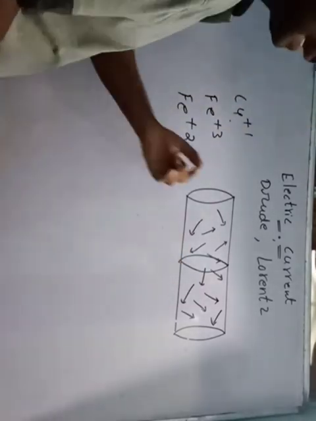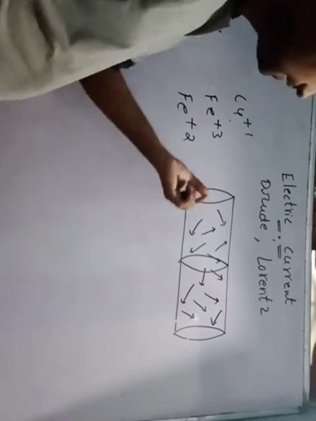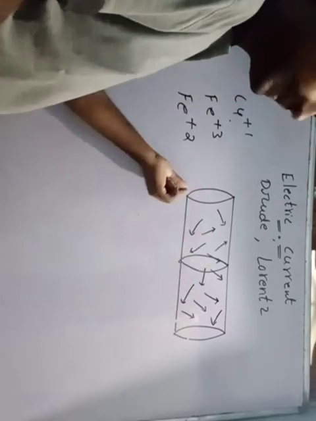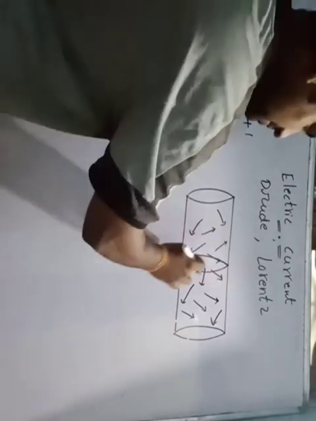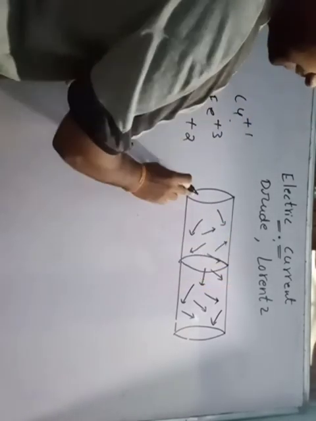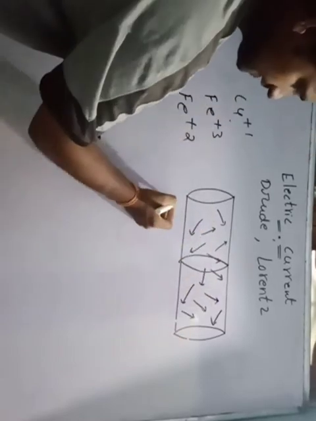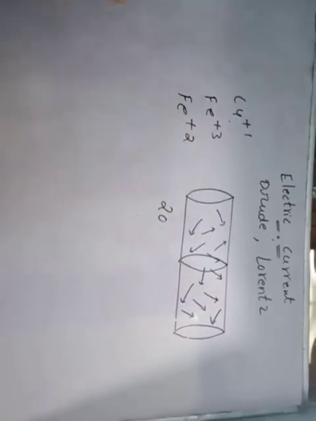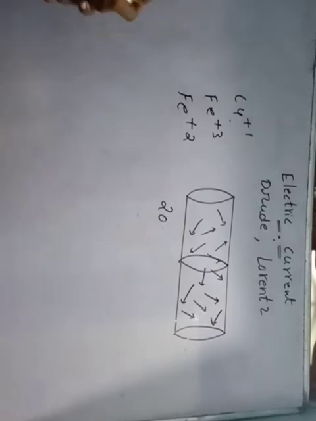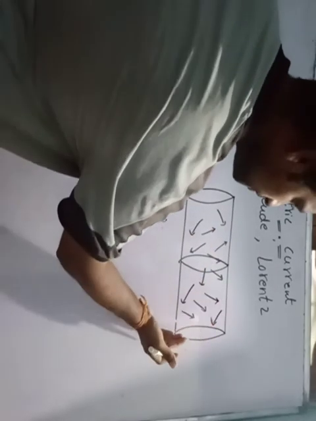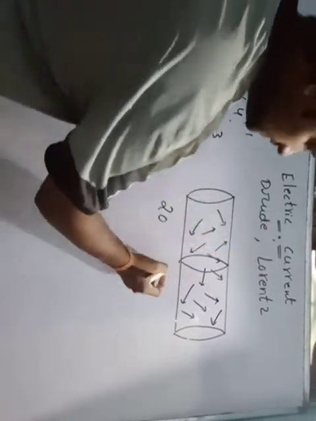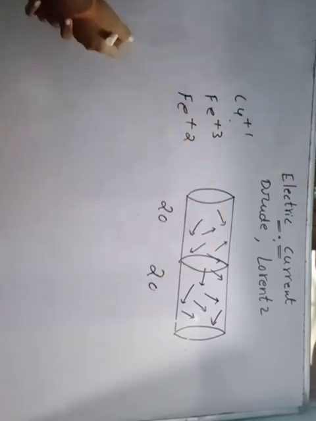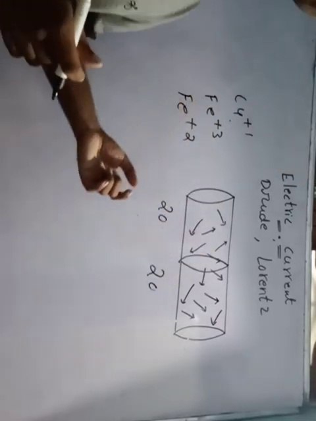Now find the number of electrons passing through this cross section from left to right, for example 20 electrons. In the same way, find the number of electrons passing through this cross section from right to left. For example, the same number of electrons, without a battery, meaning open circuit.